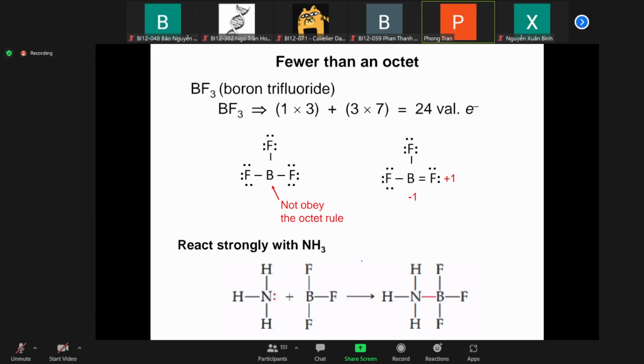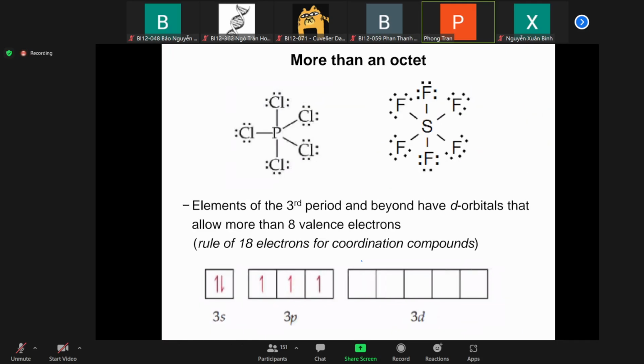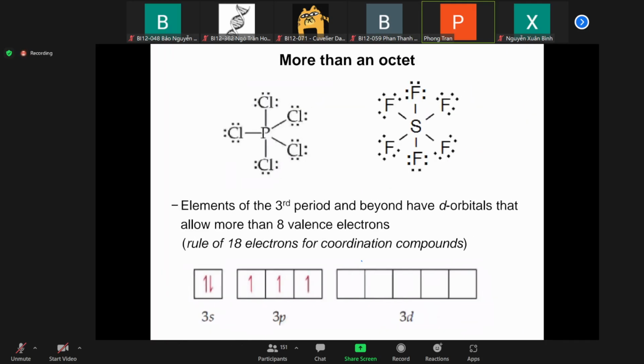Now that we have talked about fewer than an octet, how about more than an octet? When you have an element in the third period or beyond, that means the third and fourth periods of the periodic table, the element has d orbitals.